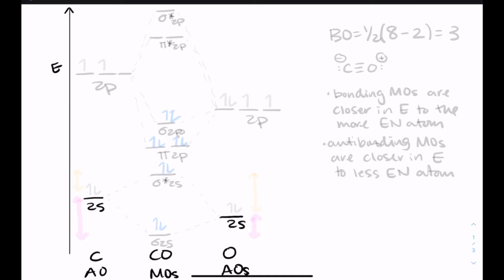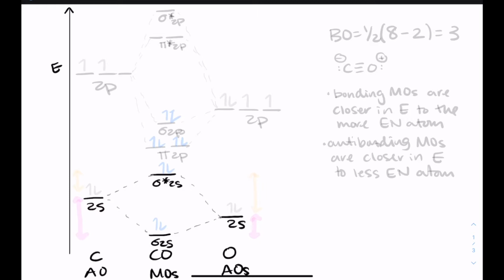So let's put together an MO diagram so that you can see it all in one spot. I've got an energy scale. I've got carbon atomic orbitals on the left, oxygen atomic orbitals on the far right, carbon monoxide MOs in the middle. The energies of the atomic orbitals are not identical, right?